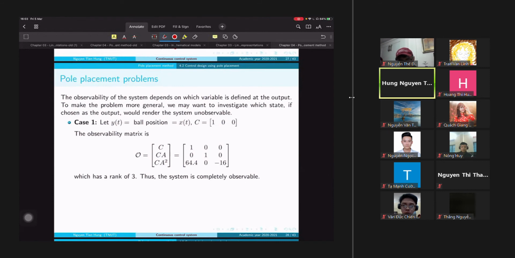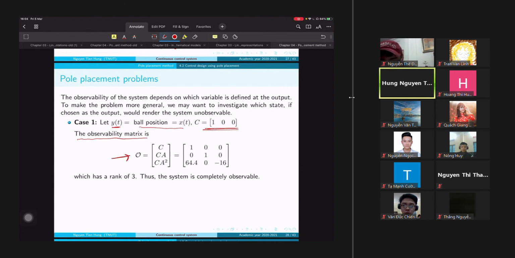In case number one, we have y(t) as the ball position, and of course I explain C like this. Now you can check the observability matrix and apply this. You already know how to check with this.